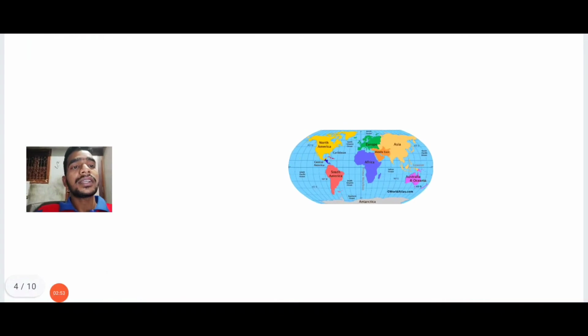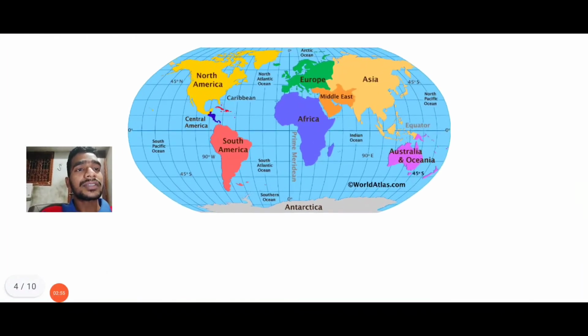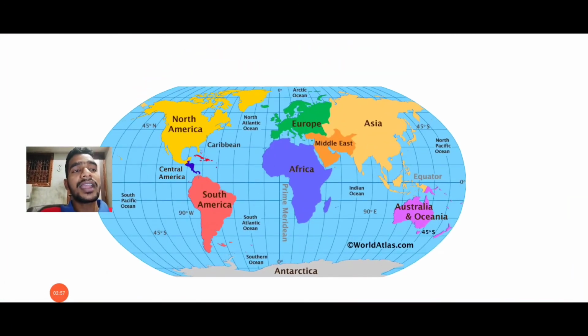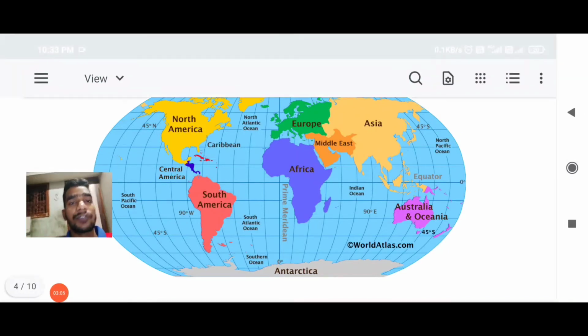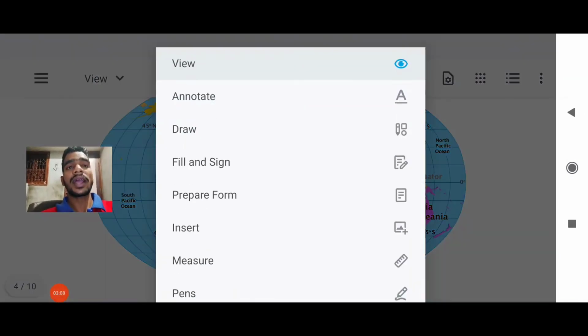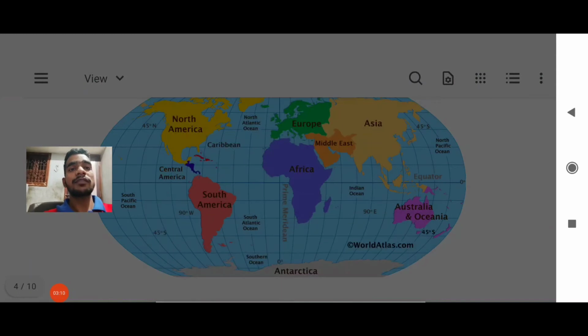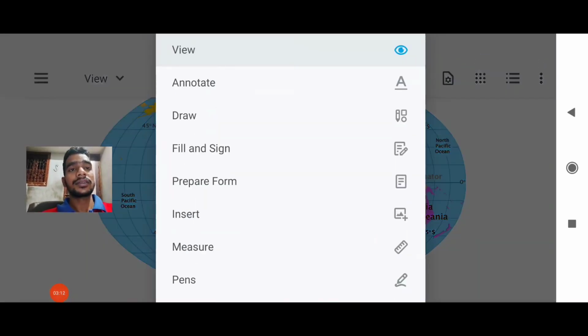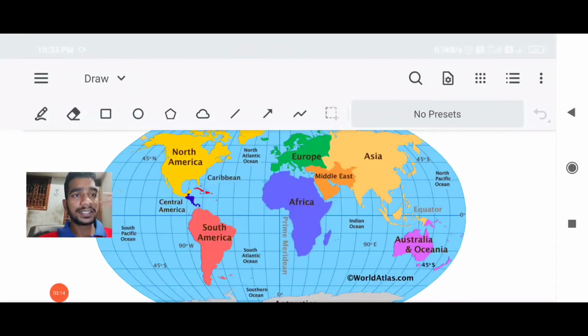Here you can see in this image that here is Africa, and the 0 degree latitude is passing through Africa. The Tropic of Cancer is also passing through Africa, and the Tropic of Capricorn is also passing through Africa. So let me draw, and by drawing it will be more clear.